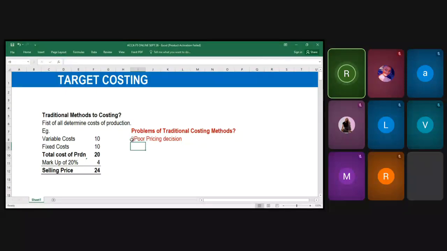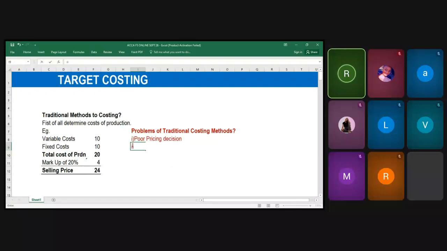We are looking at our cost of production, and then we force the product into the market. So our pricing decision may not be a suitable pricing in the market. Why? Because we might end up losing revenue, losing customers to competitors.